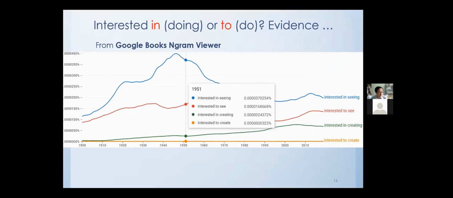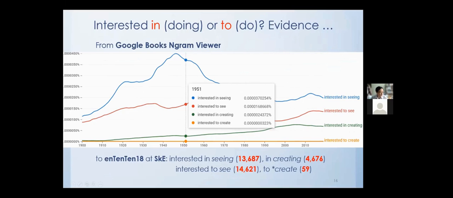Apart from that, we can see also in seeing and to see, and also compare with examples with the evidence of Sketch Engine. In seeing and to see are very close, rather high, and to see surpassed seeing.